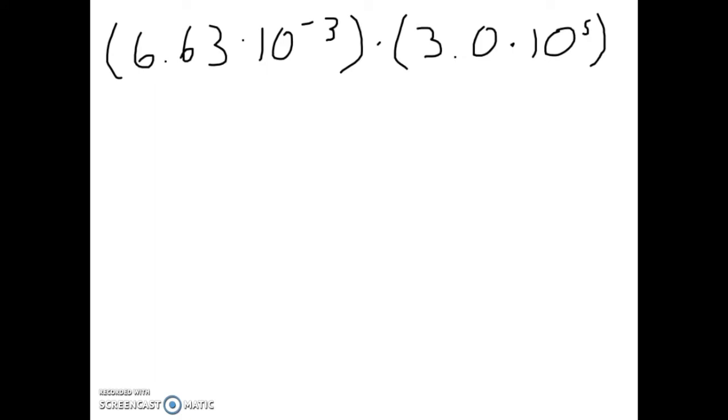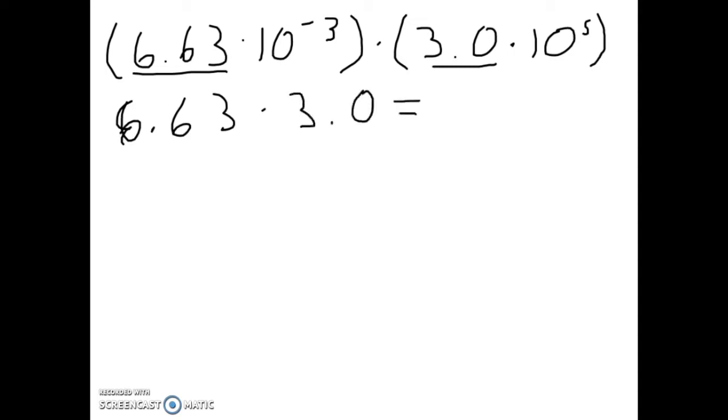Well, first we should plug in the coefficients, this number and this number, into our calculator, which is 6.63 times 3.0 equals 19.89.